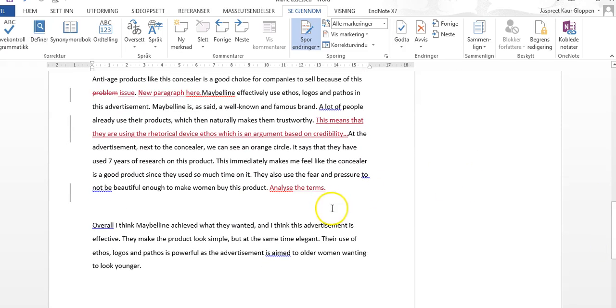when you concluded with saying that you think that this advertisement is effective and that they use these rhetorical devices. Here you should also comment on what they wanted was to inform about this product and to sell this product, and it is effective in targeting the correct audience.